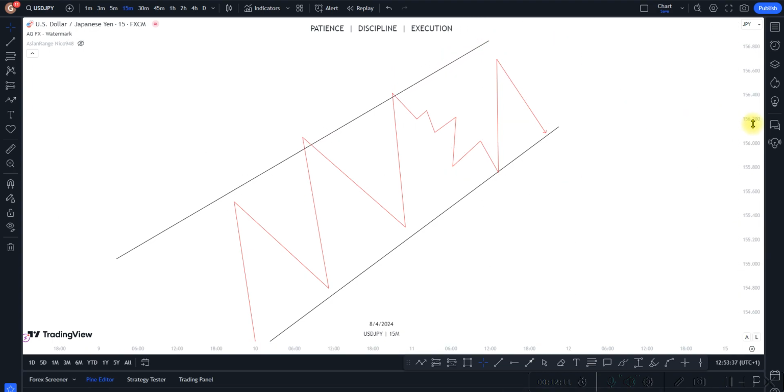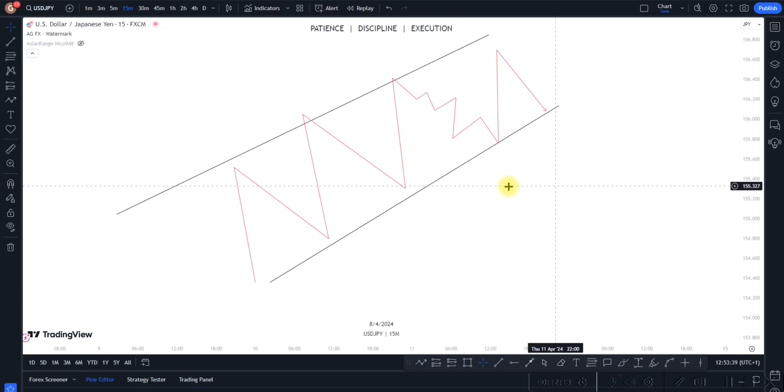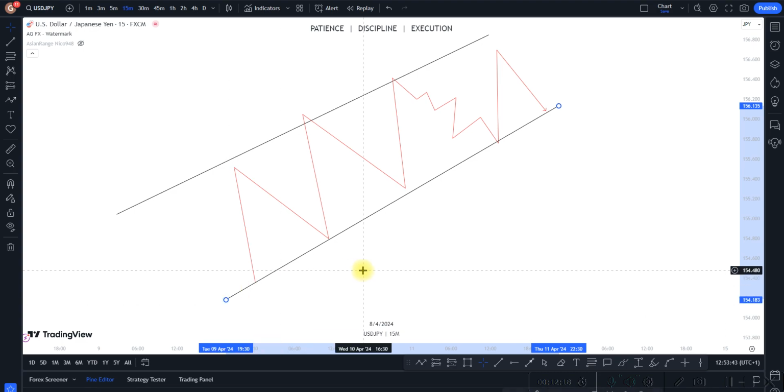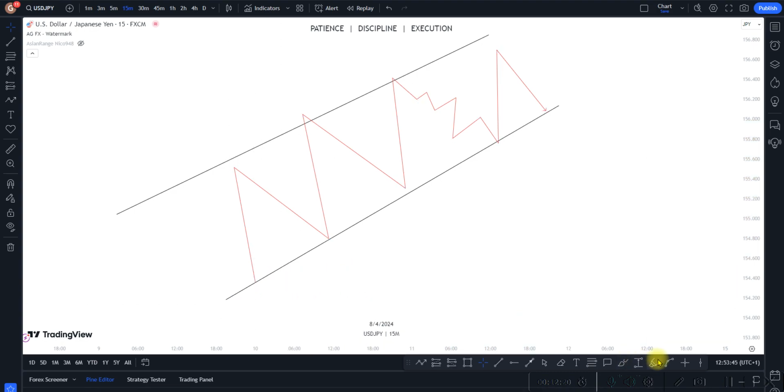Now, if you look at this, you see that whenever the market touches somewhere around here, we have a push upward in price, and whenever the price touches here, we have a push downward. Whenever the price touches here again, we have a push upward.